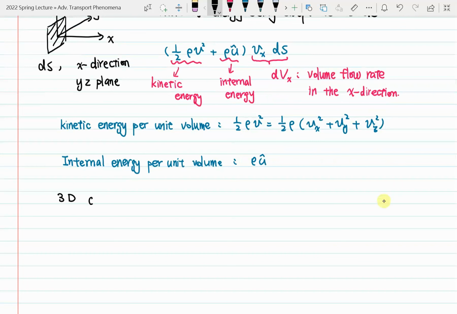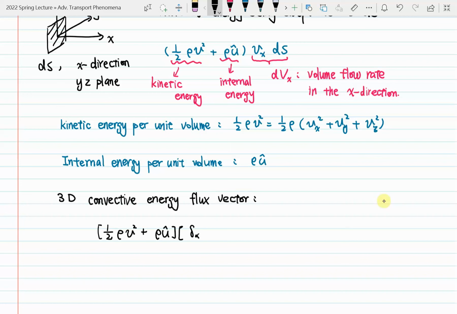The 3D convective energy flux vector is going to be (1/2 rho v squared plus rho U-hat) times the unit vector in the x direction times vx, plus the unit vector in the y direction times vy, plus the unit vector in the z direction times vz, which equals (1/2 rho v squared plus rho U-hat) times v.